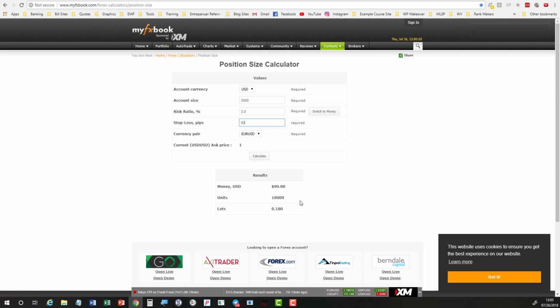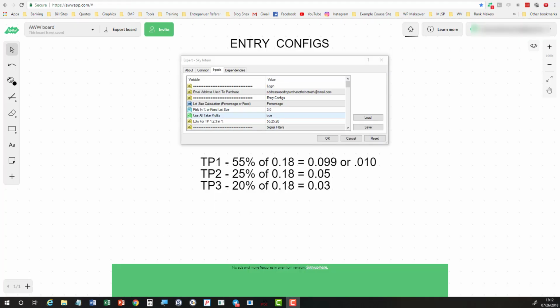It's going to take 0.18 and use that to create however many orders the trade signal says. Let's break the numbers down: we did 3% of $3,000, and it came out to 0.18. 0.18 was the lot size.